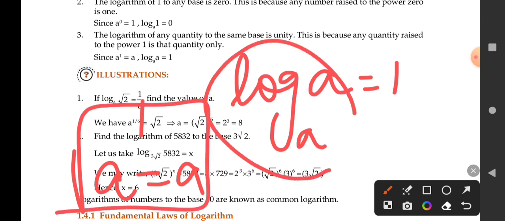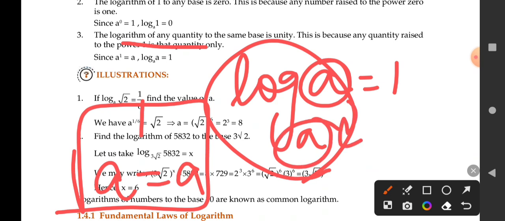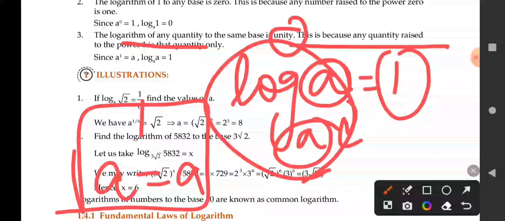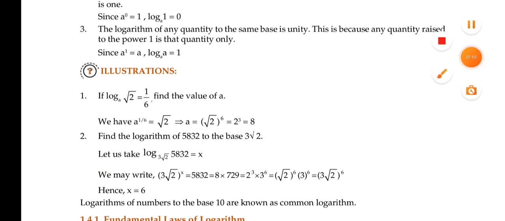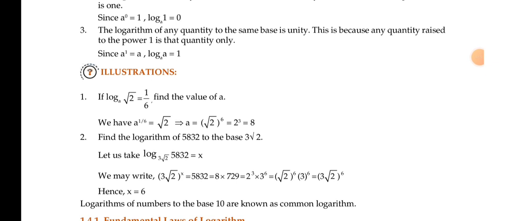So it means log of any quantity, that is a, to the same base, that is base of a, is unity, means 1. This is because any quantity raised to the power 1 is that quantity only. After transformation, you can see a power 1 is equals to a.